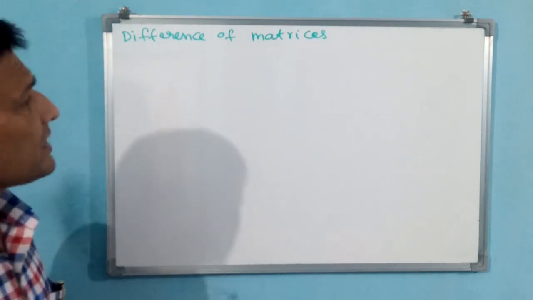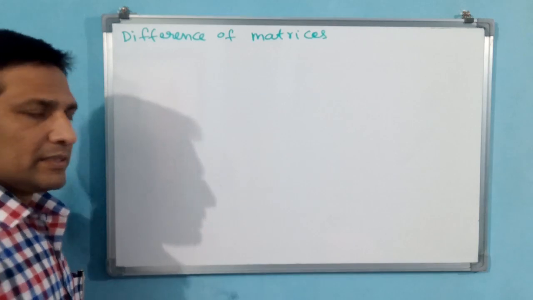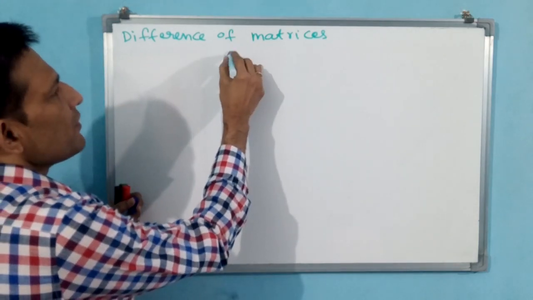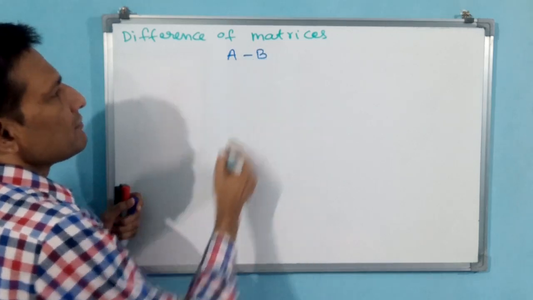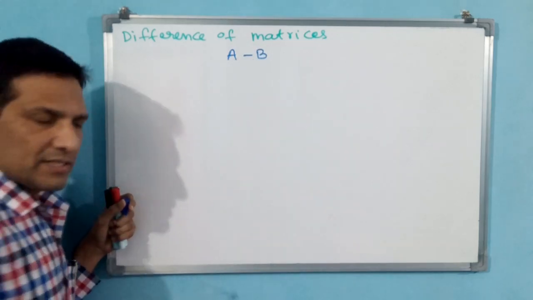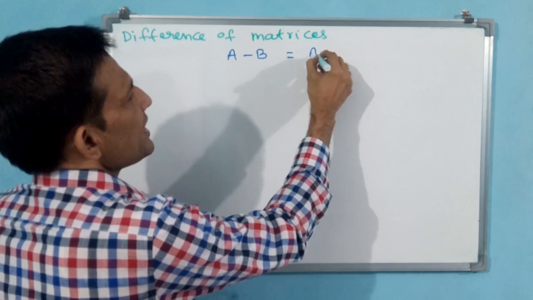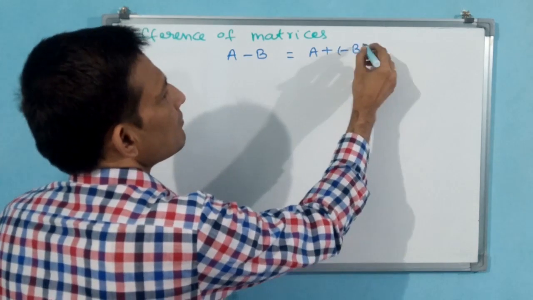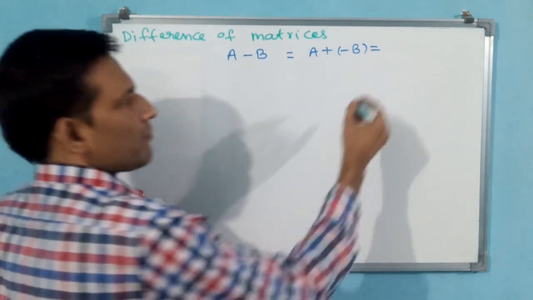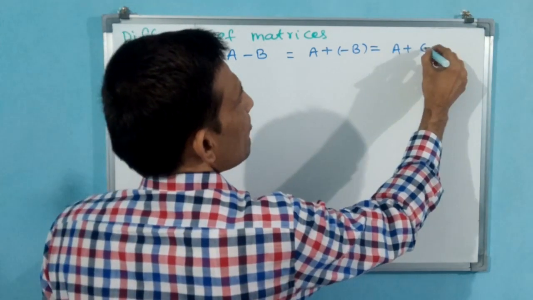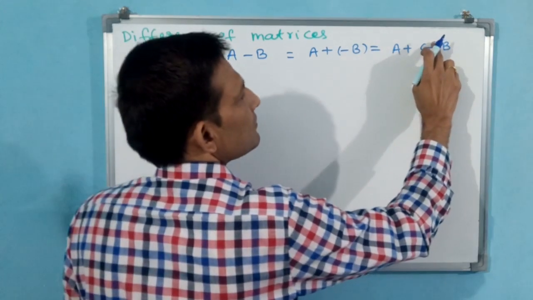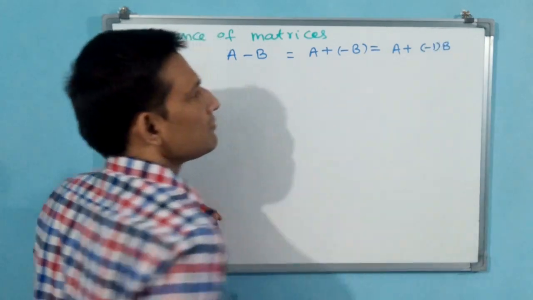See, theoretically, first we take one difference of matrices. If A minus B is the difference, then how do you write it? A plus minus B. That means A plus minus 1 into B. You understand?